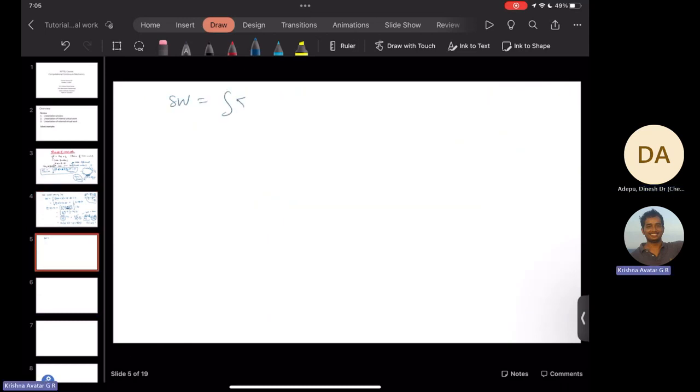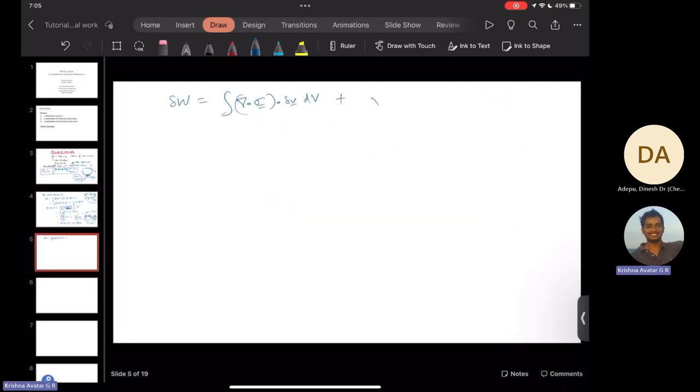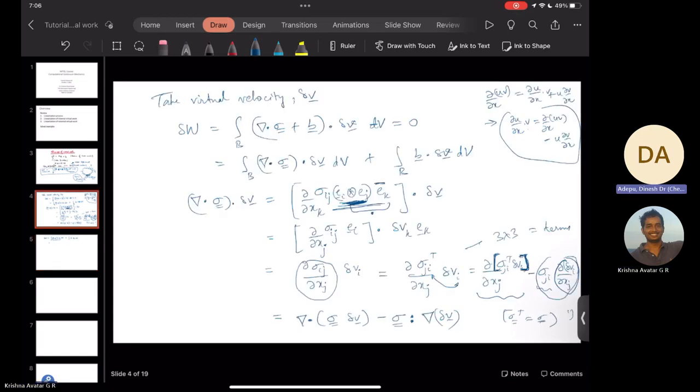I'll just write divergence of sigma dot delta V dV, plus B dot delta V dV, isn't it? And now we'll substitute the expression we derived.